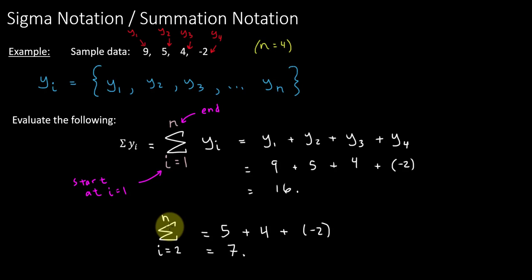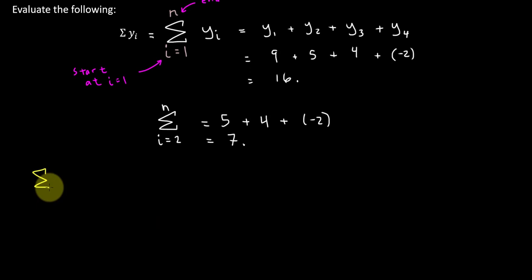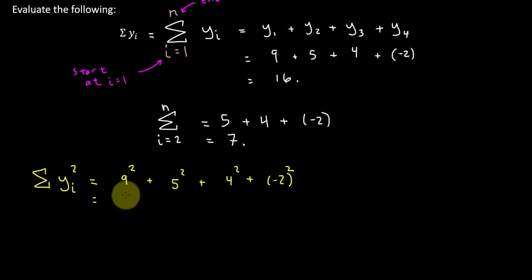Let's do another example. Let's add the squared elements. Here, we want to take each value and square it before we add them. We got 81 plus 25 plus 16 plus positive 4 gets us 126.